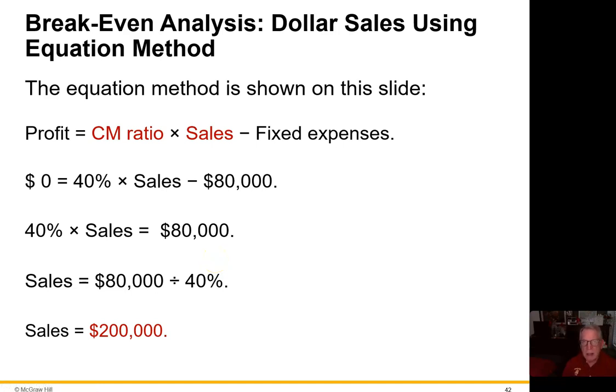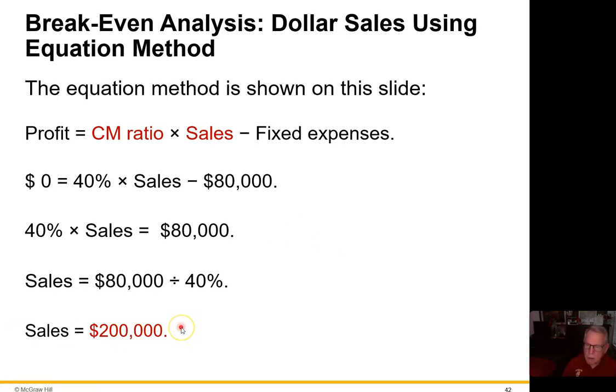So it's slightly different than the break-even point for units. We divided the fixed costs by the contribution margin per unit for units. Here, to calculate sales, we divide the fixed costs by the contribution margin ratio, which in this case was 40%.